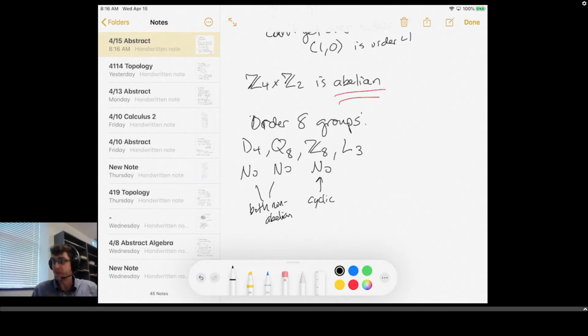What about L3? So, I mean, that one's not cyclic, and it is abelian. Is it the same? No, and exactly, that was actually going to be my follow-up question was, can we write this as some product?